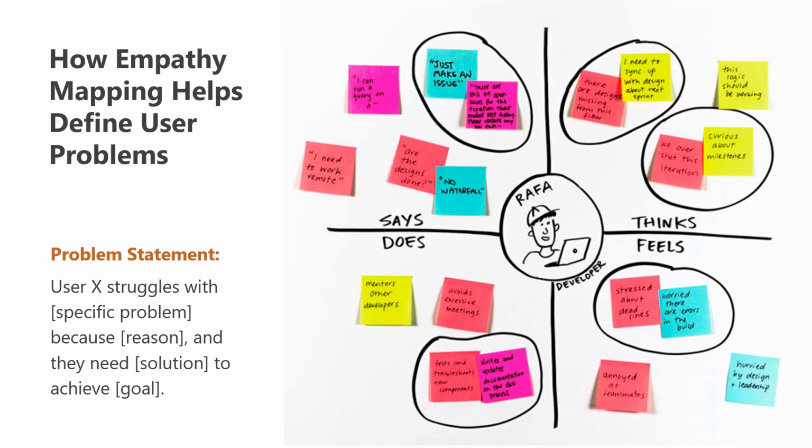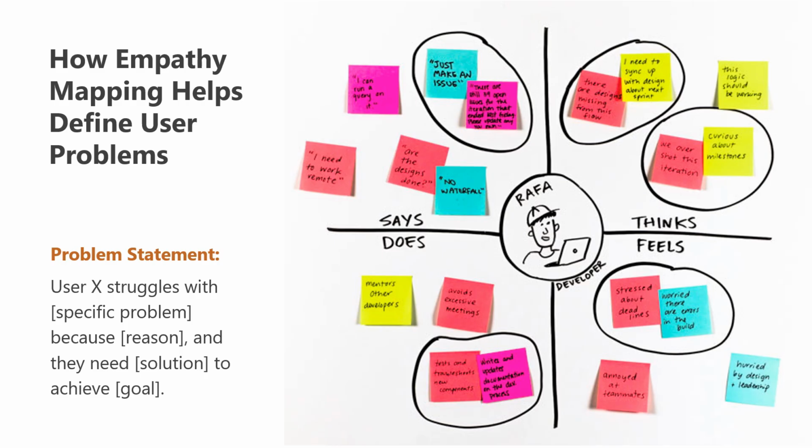Now, by analyzing all of these, we can define a clear problem statement using this format. This user X struggles with, and then we state the specific problem, because, and then we state the reason, and they need, and then we state the solution to be able to achieve the goal.